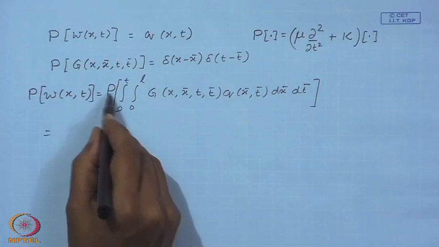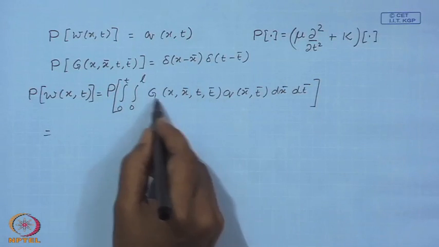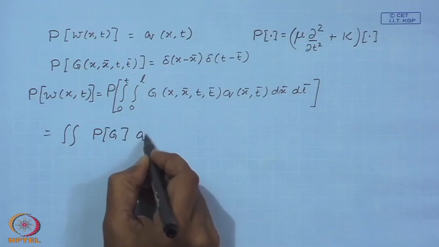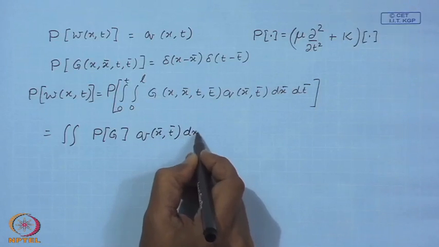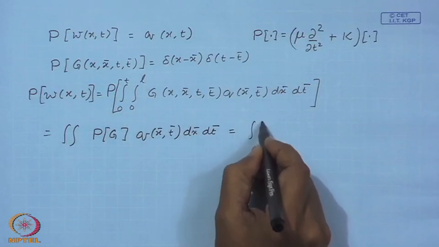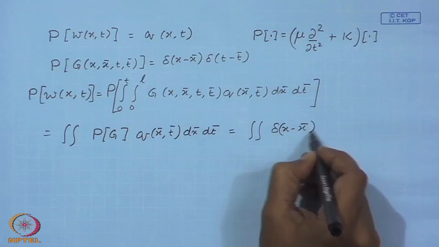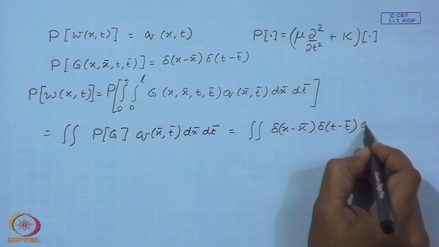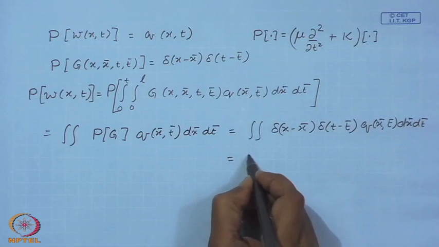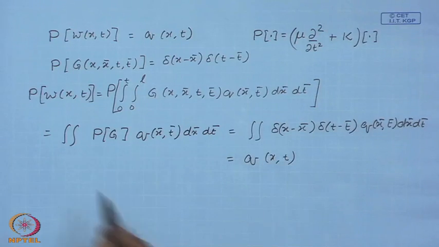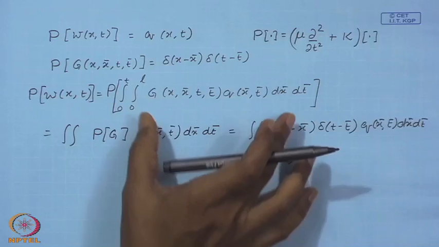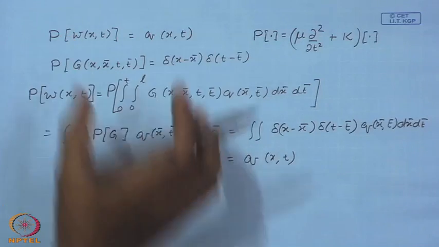So, this operator can go inside and it will operate only on g, and we know that P of g is the impulsive loading, and this is equal to the forcing q. Therefore, W given by this argument is definitely a solution of this system.